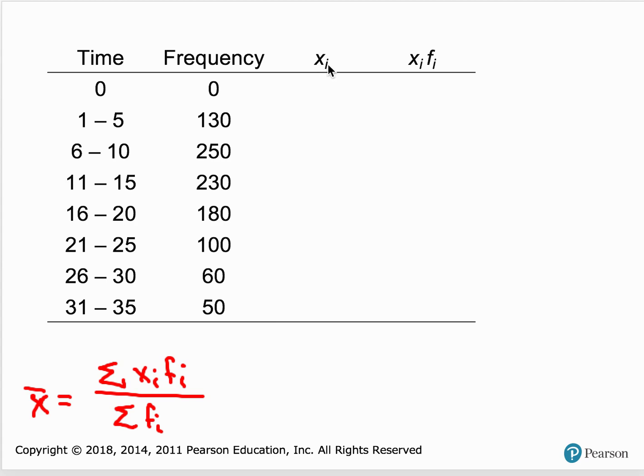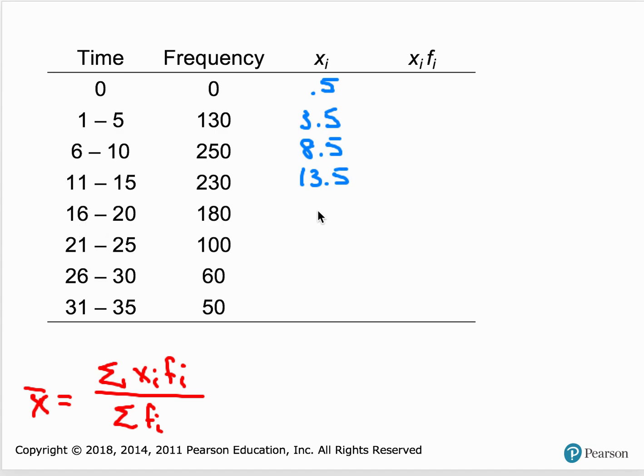So I need my midpoint up here. All right, so what it said was add the lower class limits. So 1 plus 0 and divide by 2. So 1 divided by 2 is 0.5. 6 plus 1 is 7 divided by 2. 11 plus 6 is 17 divided by 2. 16 plus 11 is 27 divided by 2. 21 plus 16 is 37 divided by 2.